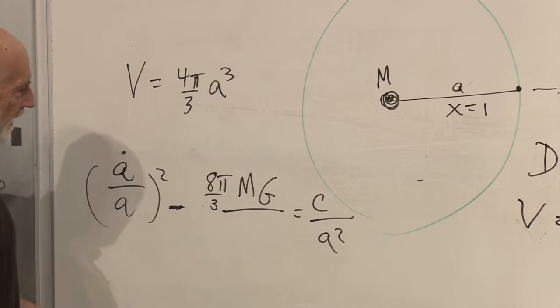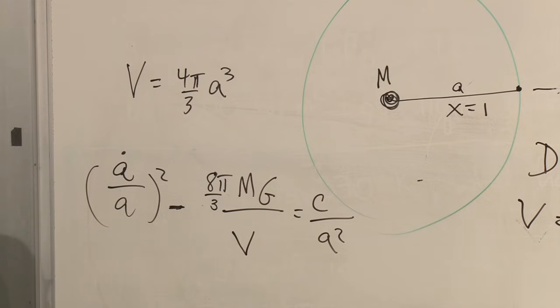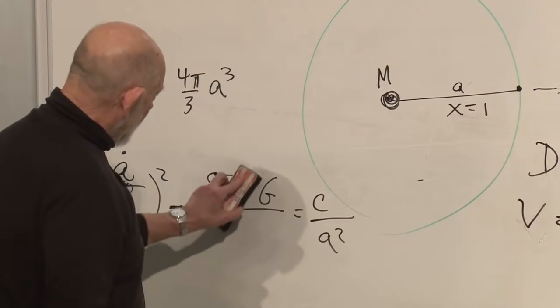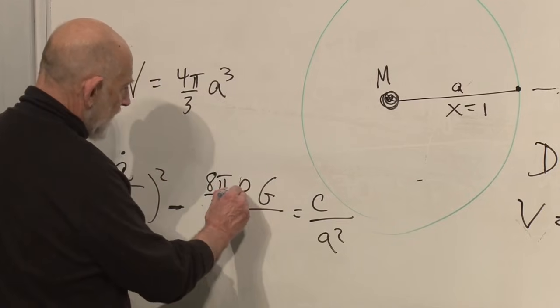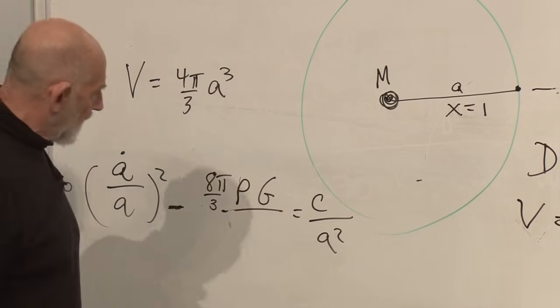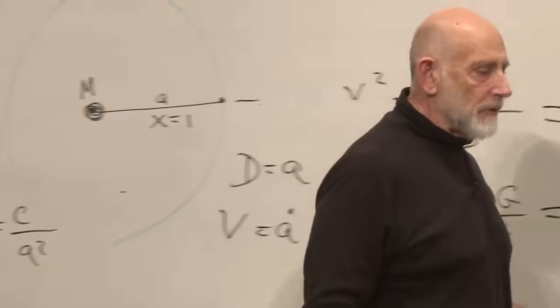And what is the mass divided by the volume? The density. So by fiddling around, I got the Friedman equation, but with a right-hand side now that knows about the total energy.